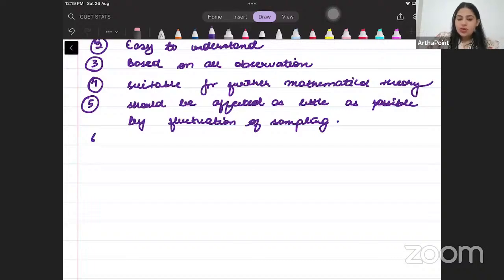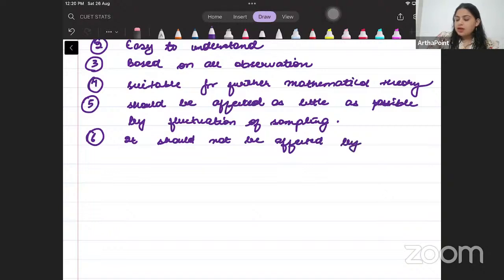Okay, come to the sixth one. The sixth one is it should not be affected by extreme values. So beta, when I say it should not be affected by extreme values, मतलब extreme values को हम बोलते हैं outliers.